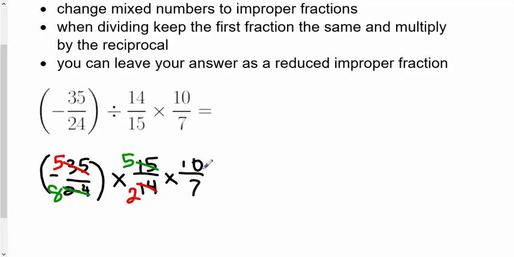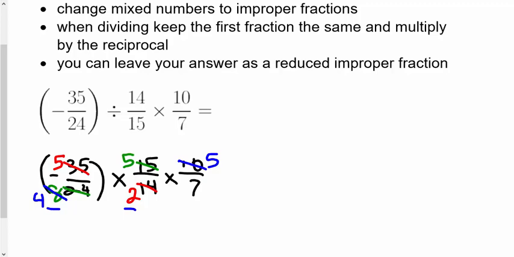And last, I've got a choice here. I know 2 divides evenly into 10 and it'll go into 2, or it'll go into 8, and I'm just going to use the 8 just to show that you don't have to have the 2 fractions right next to each other when you cross reduce. So 2 goes into 10 5 times, and 2 goes into 8 4 times.